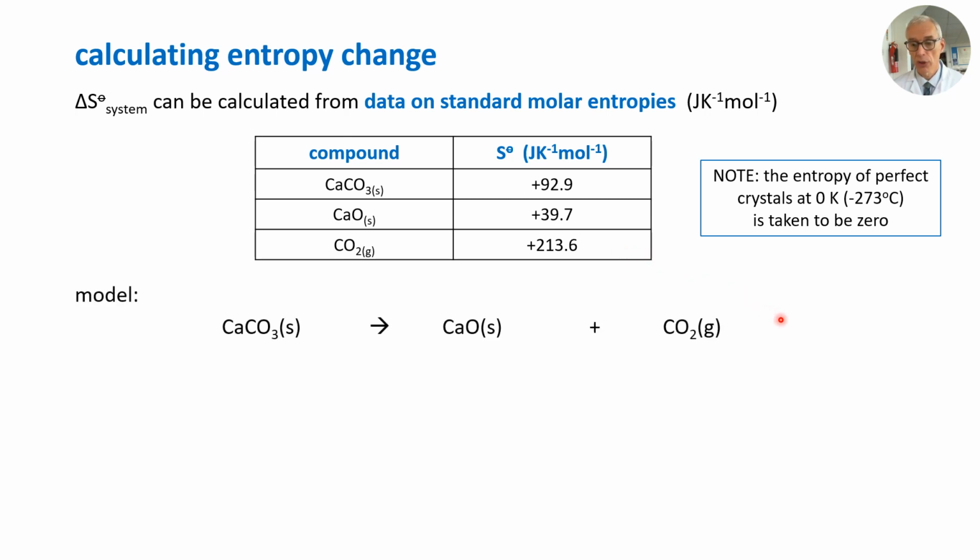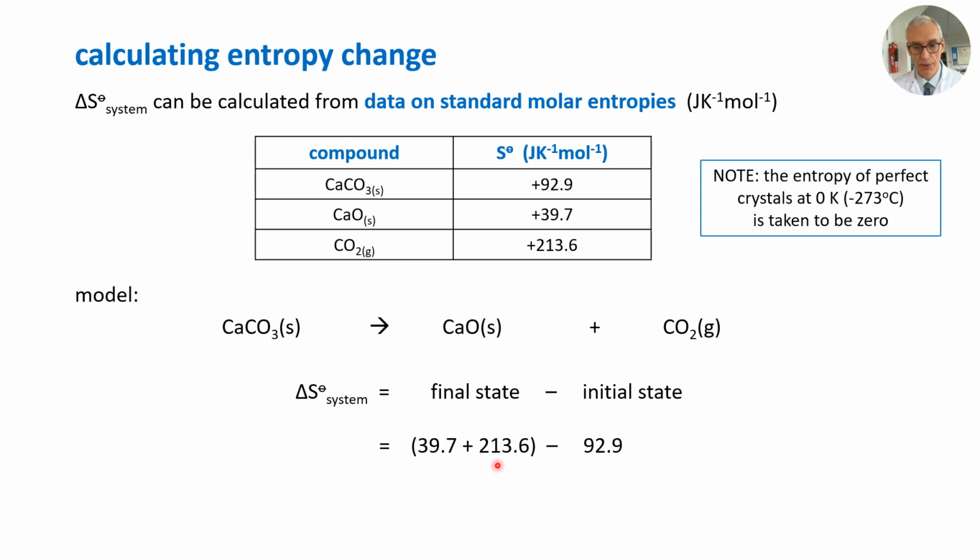So if I look at a model calculation, I've got calcium carbonate as my reactant and calcium oxide and carbon dioxide as my products. The change in entropy is going to be the final state minus the initial state. So my final state is the molar entropy for calcium oxide and for carbon dioxide.